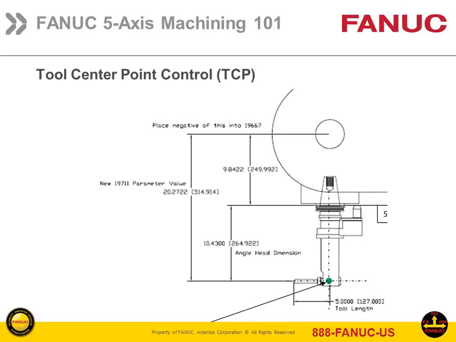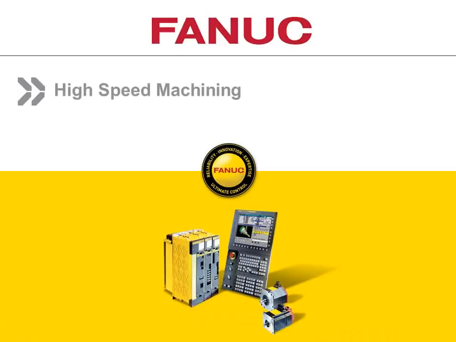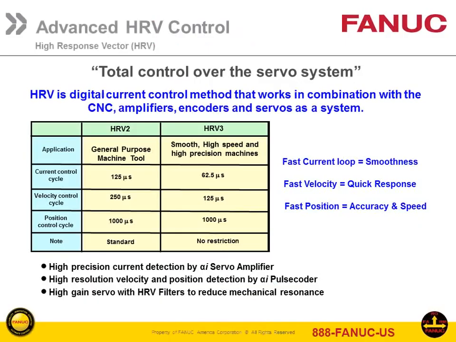And then to go on from there, our next thing we're going to talk about is high-speed machining, because this all ties in with the tool center point. Just to talk about the FANUC system, it's very important to understand that when you get a machine with a FANUC control, it's not just the control that separates us from everybody else.